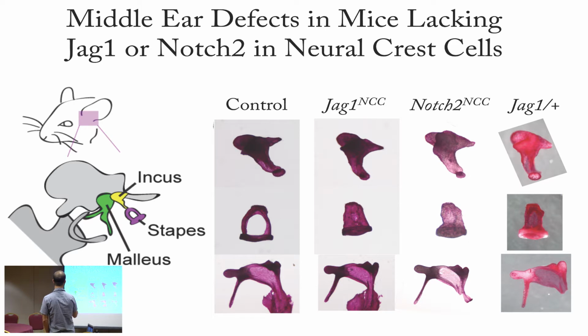So the next thing we want to say, well, does it really matter that this stapes is malformed? Maybe even though this is a bit different shape, sound can still be conducted quite well and it would not affect hearing at all. So we did hearing tests on these mice that lacked Jaglb1 in the neural crest cell that had this stapes defect.